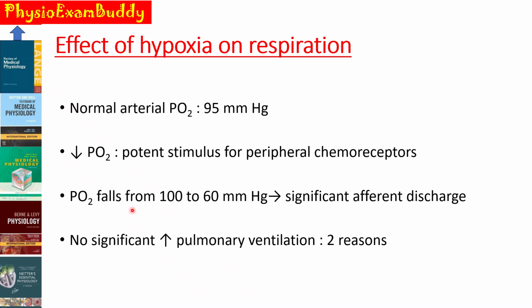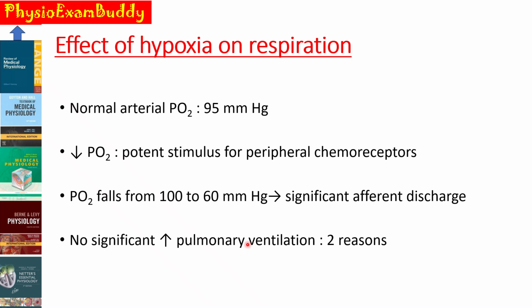And if the PO2 falls from 100 to 60 millimeters of mercury, there is a significant increase in the afferent nerve discharge. However, the pulmonary ventilation does not increase significantly because of two reasons. We will see what are the two reasons.